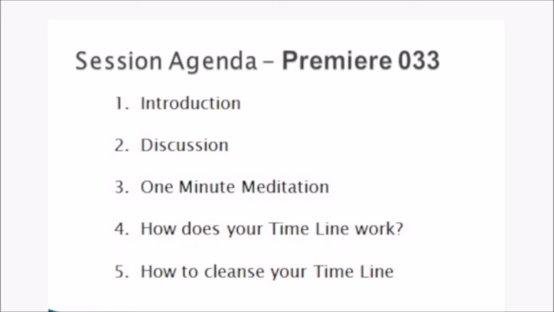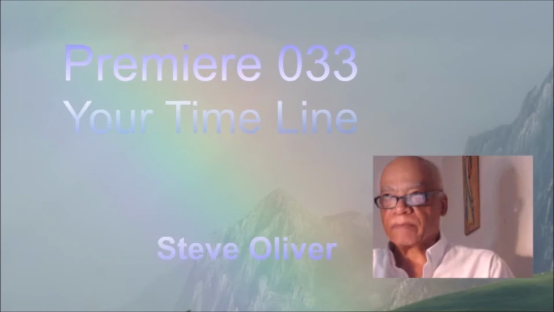So we'll look at those key filters, and then I'll go into great detail about how the timeline meditation to cleanse your timeline works. And then next week, we'll focus just on doing the meditation itself. But tonight it's, what is the timeline? How does it work? And then specifically, how do we cleanse the timeline?